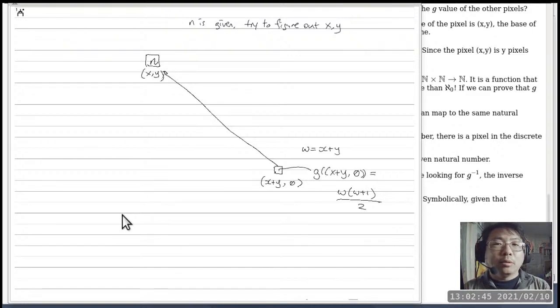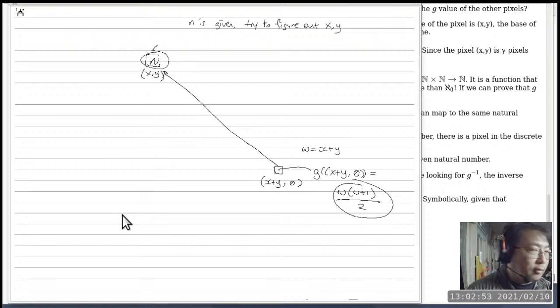This is from an earlier derivation. We don't know what w is, but we know this value is relatively close to the value we're given, which is n. Because what is off between those two is that n is w times w plus 1 divided by 2 plus whatever the y is. We need to figure out what the y is.